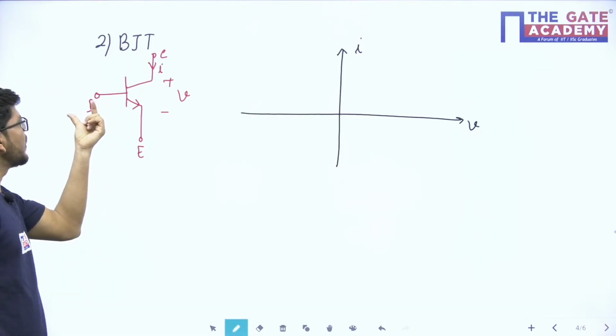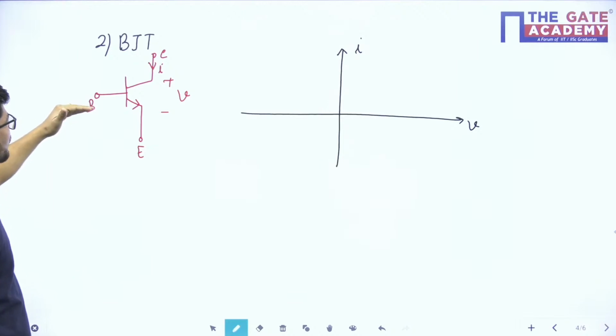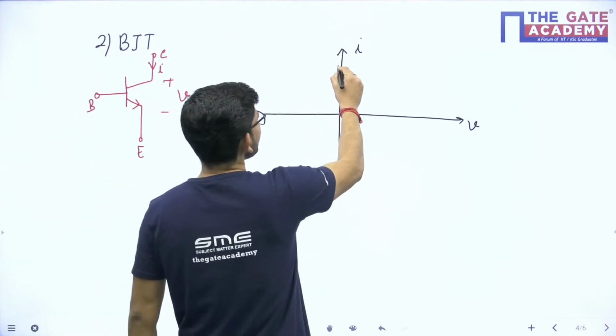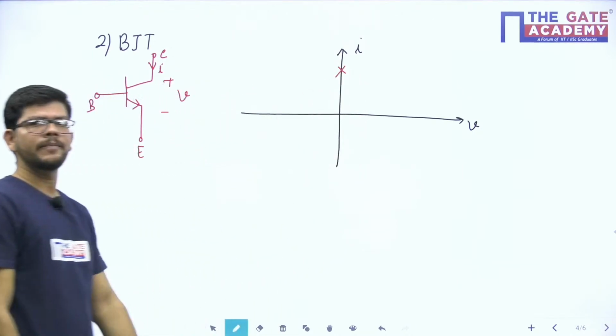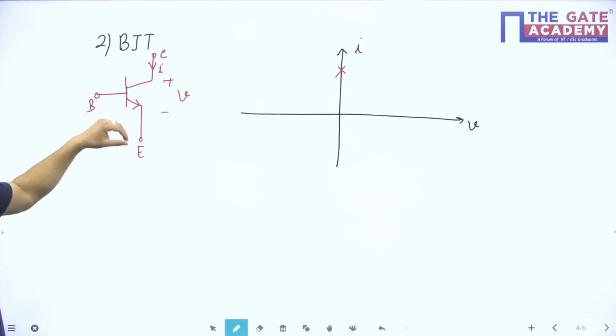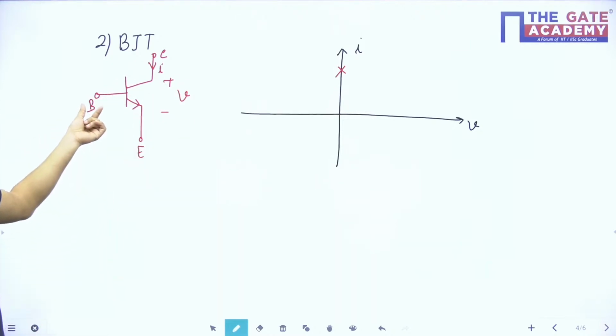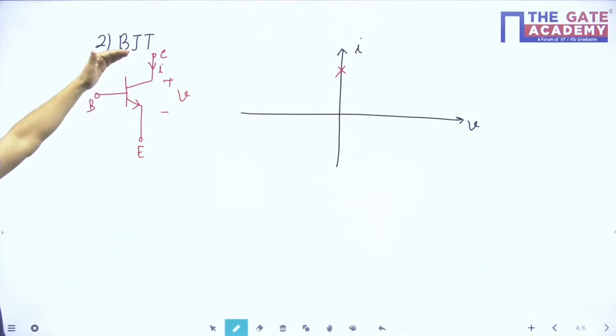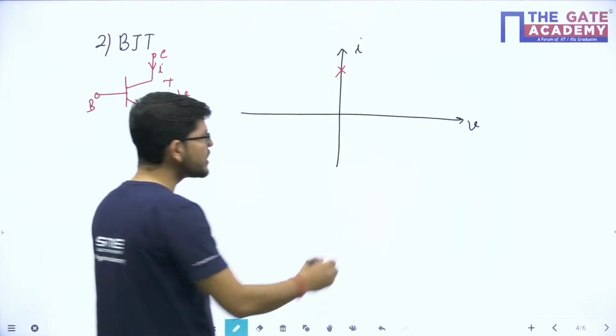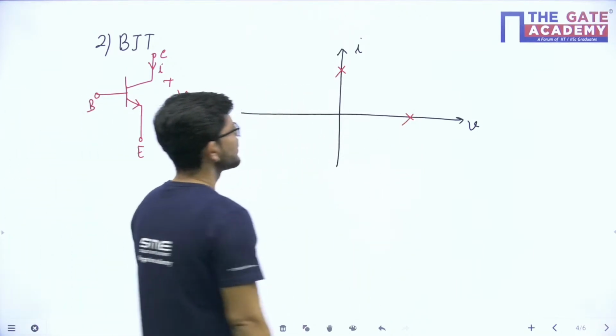Now if control signal is applied across base and the transistor is turned on, so when the transistor will be on, it will be carrying a forward current, isn't it? So it will be carrying a positive current. But when the control signal turns the transistor off, it will be blocking positive voltage, isn't it?